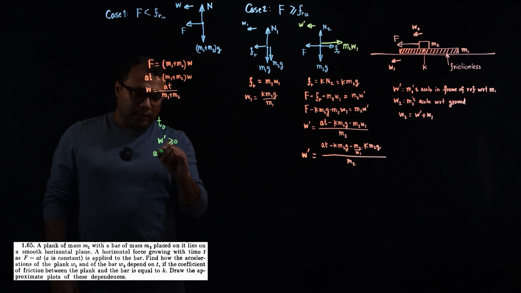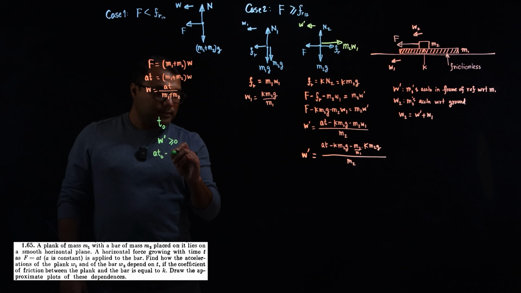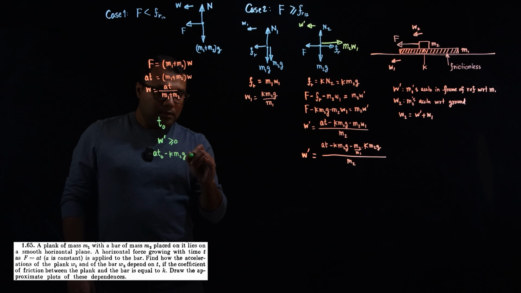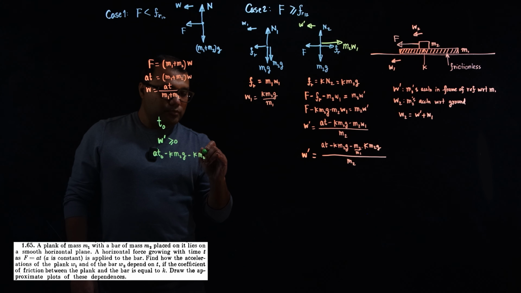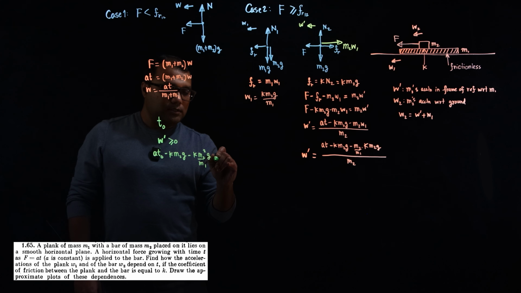So we can write AT0, because that's the time when it is flipping, minus K M2G minus K M2 square G by M1 is equal to 0.